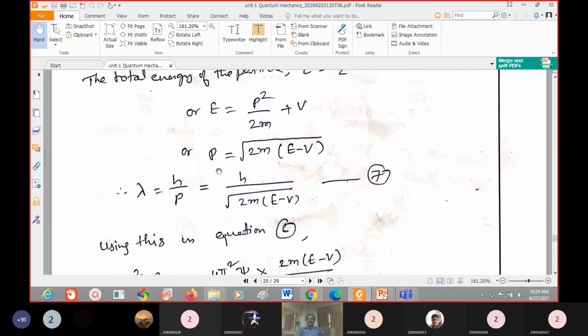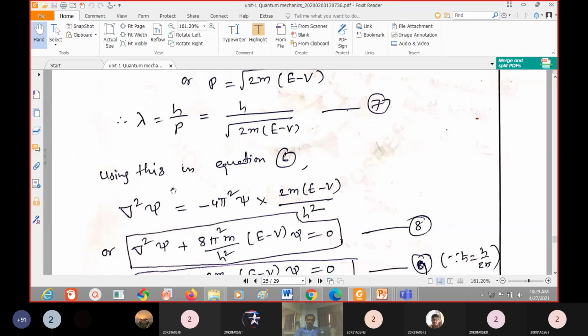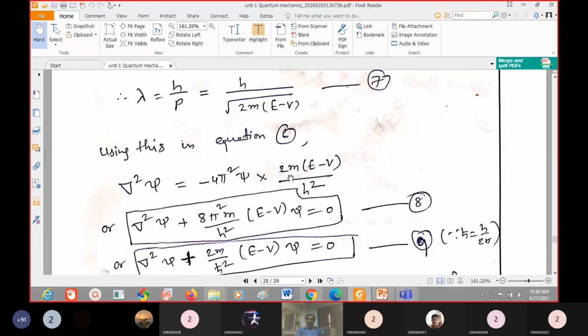Okay, so finally what we will get here, instead of v square I am substituting, so it is 1 by v square, which will be reversed: 2m into E minus V by h square.